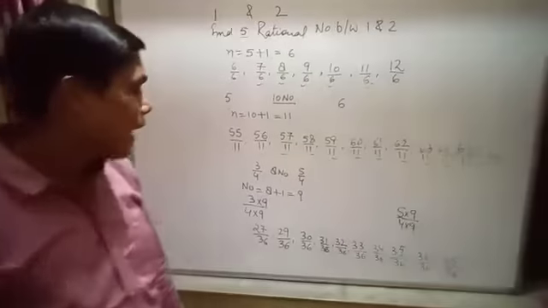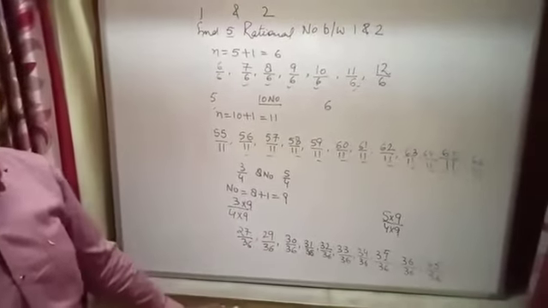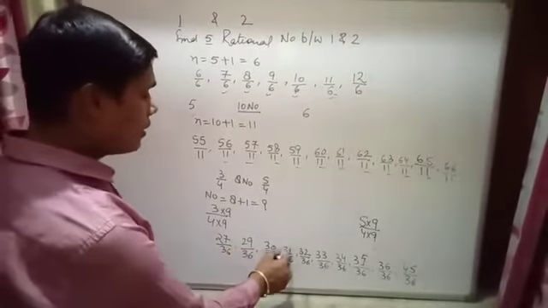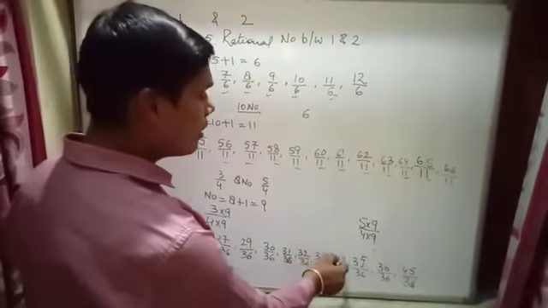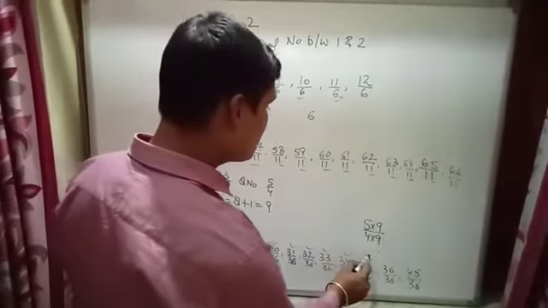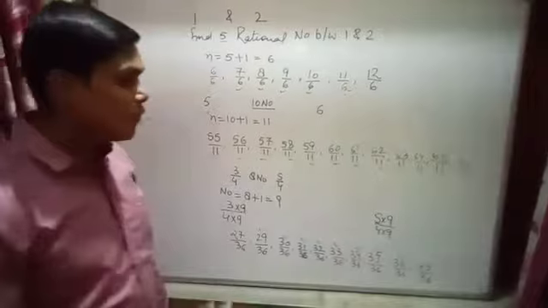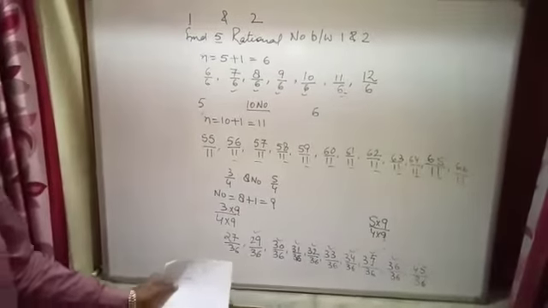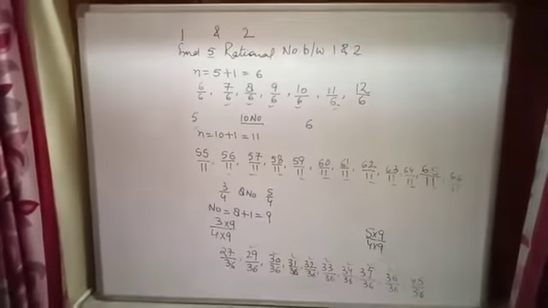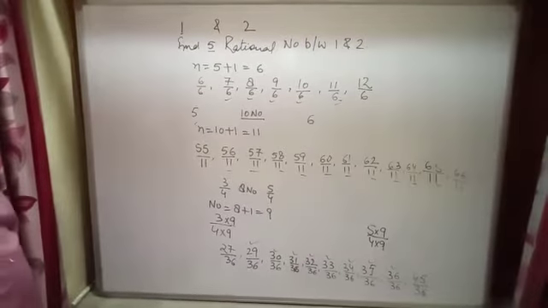You can write any 8 numbers between them. We have noted here 29, 30, 31 by 36, 32, 33, 34, 35. 1, 2, 3, 4, 5, 6, 7 and 8. We have noted here the numbers from 29 to 36, so that you can get the numbers by this process.